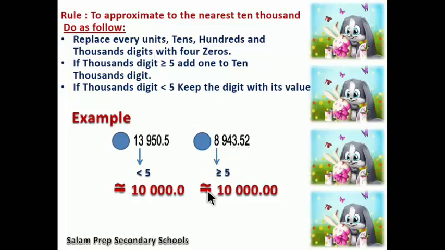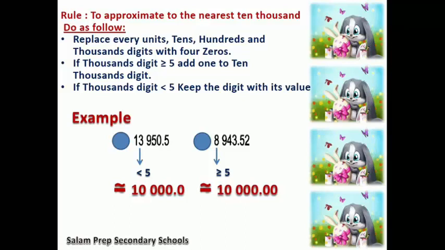8,943.52 is approximated to the nearest 10,000. 10,000 means please go to the 10,000s place. Take care. There is no digit in the 10,000s place. Don't worry, okay? Before 10,000s, we will write 0 in each place.